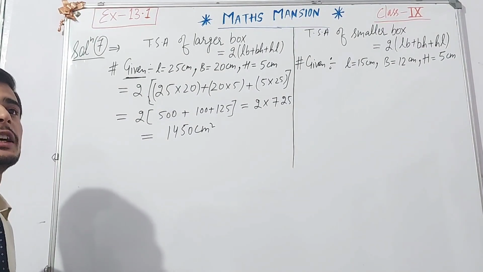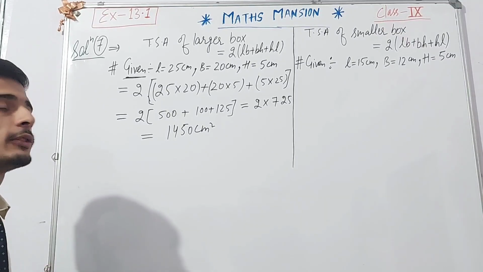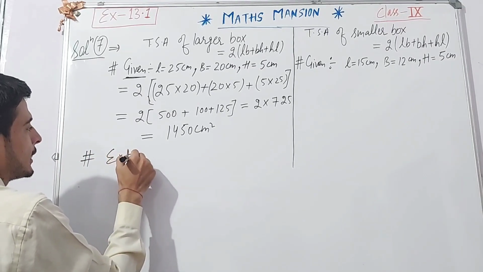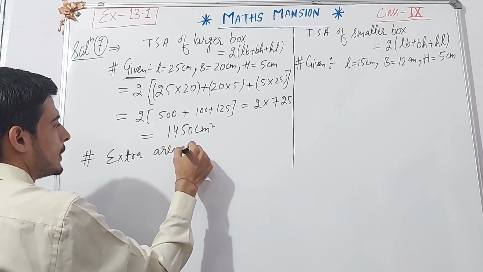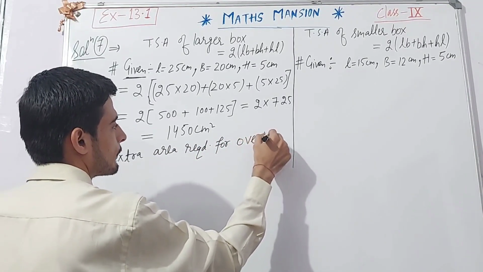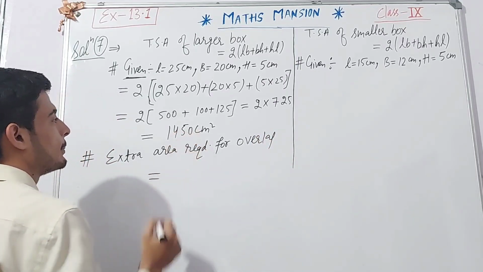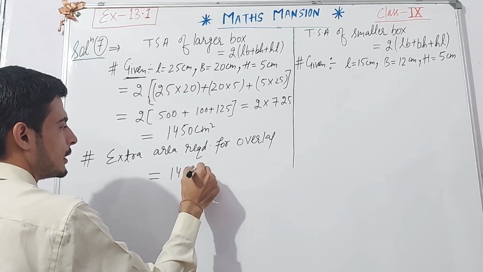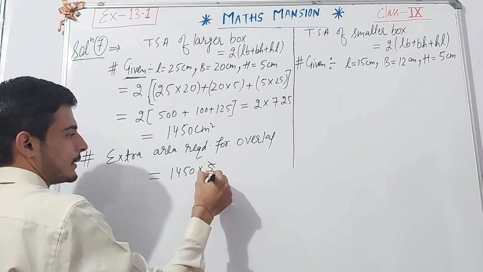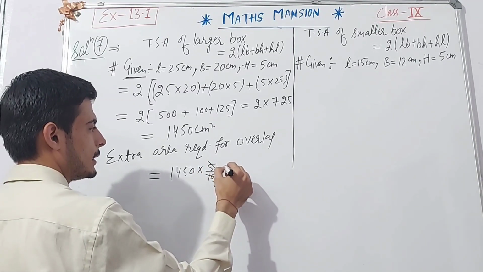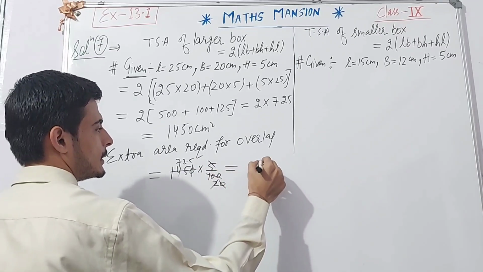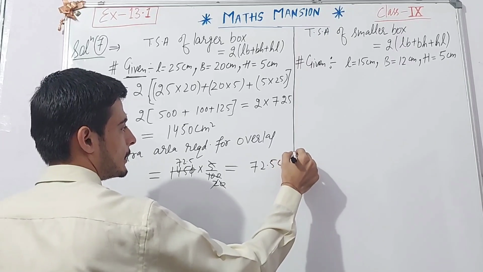They have also mentioned that 5% of extra area is required for overlap. So the extra area required for overlap is equal to 5% of 1450. 5% can be written as 5 upon 100, and we can cut it as 1 upon 20, and again 0 will be cancelled and we will get 72.5 centimeter square.